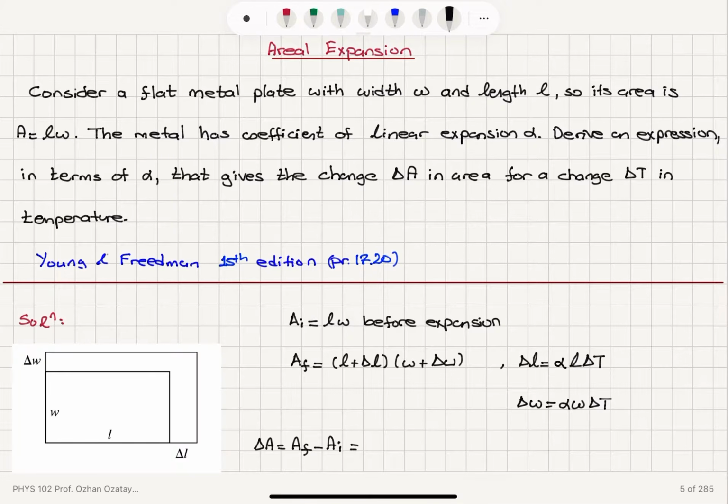A final is L times W, that's the first term, plus second term L times delta W, plus third term delta L times W, W times delta L, and finally we have delta L delta W, minus A initial, which is LW.